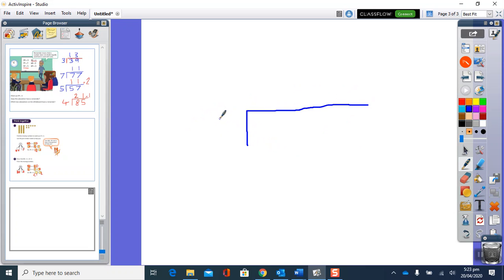So I'm going to do, let's try 4 as my divisor, and my dividend will be 1061. Okay, there's definitely going to be a remainder here. Let's see how we do this. So first I'll do 4s into 1.